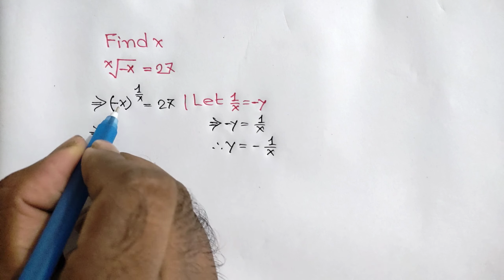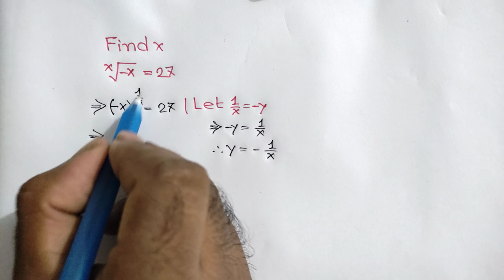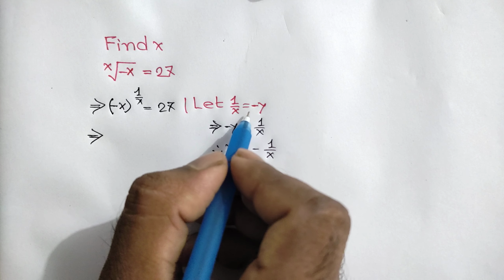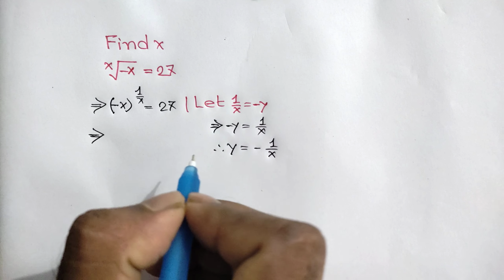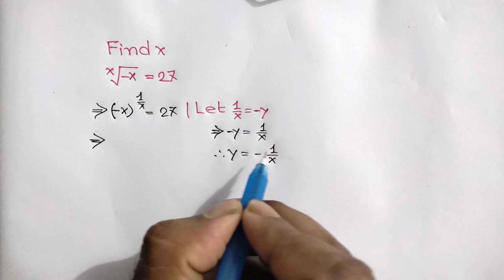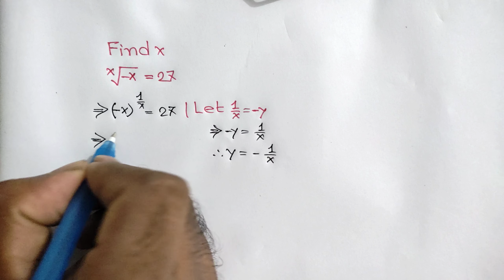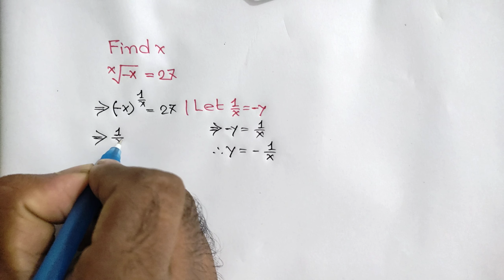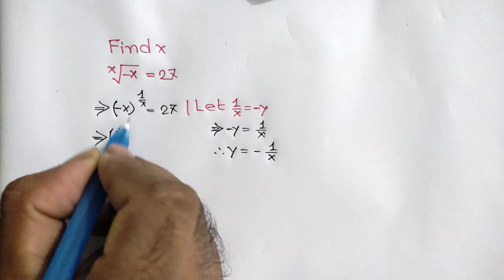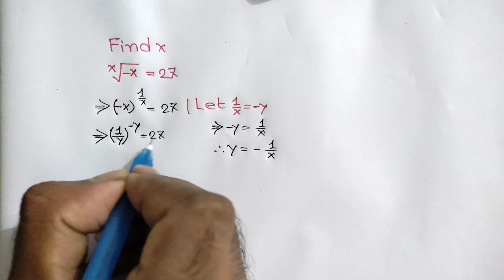Negative x can be written as 1 over y, so we can write (1 over y) to the power negative y is equal to 27.